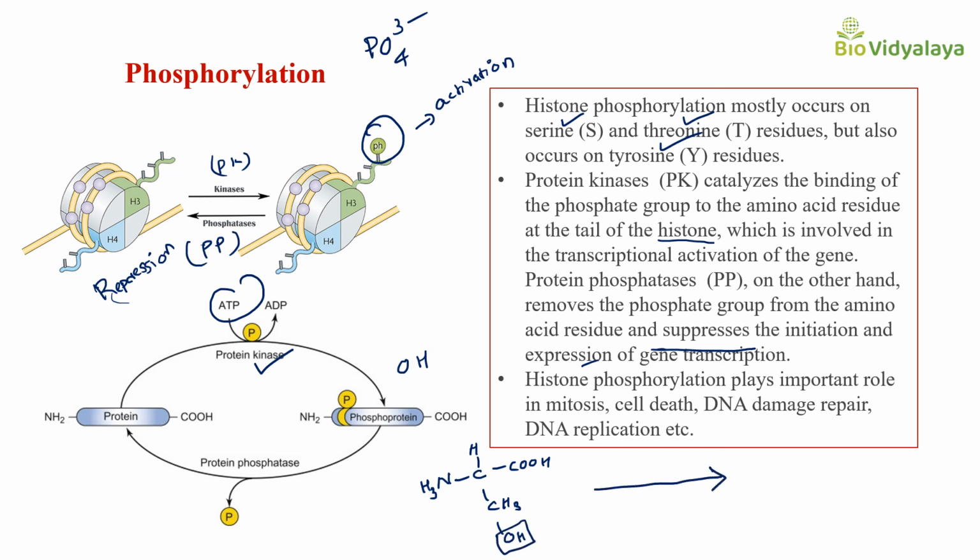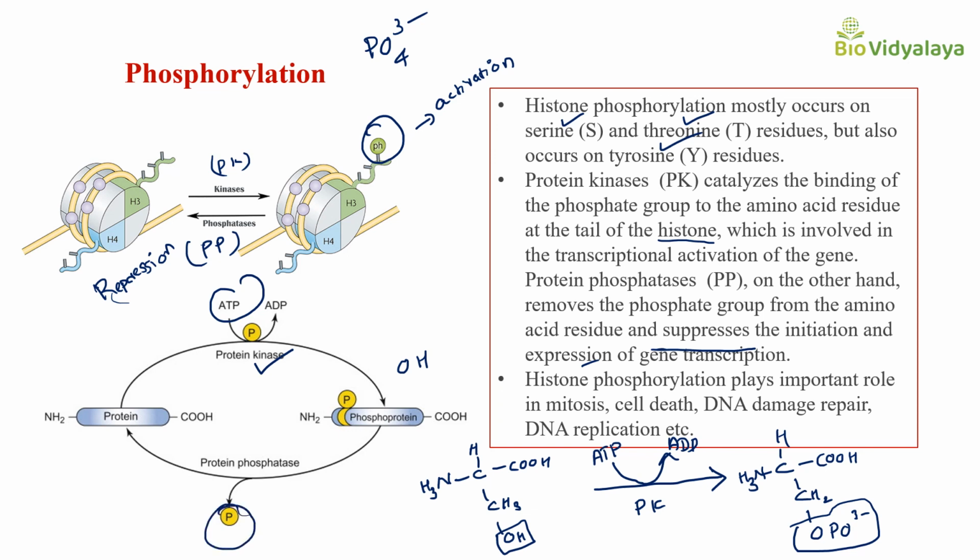So protein kinase will transfer phosphate group from ATP to the hydroxyl group of the target amino acid. So here only phosphate group will come. Here you can see dephosphorylation, removal of phosphate by protein phosphatase.